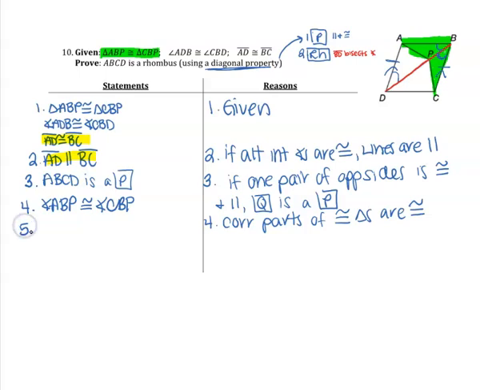And that allows me then to get a bisector. And my justification is, if a segment divides an angle into two congruent angles, it's an angle bisector.